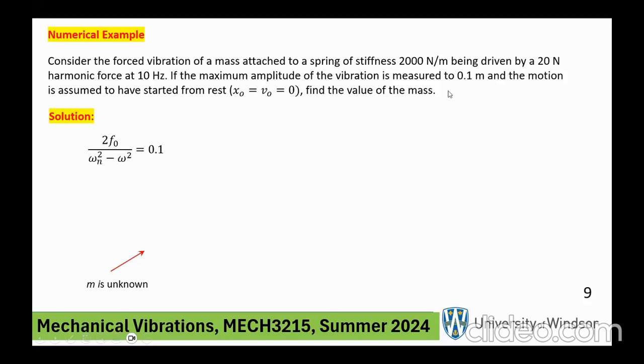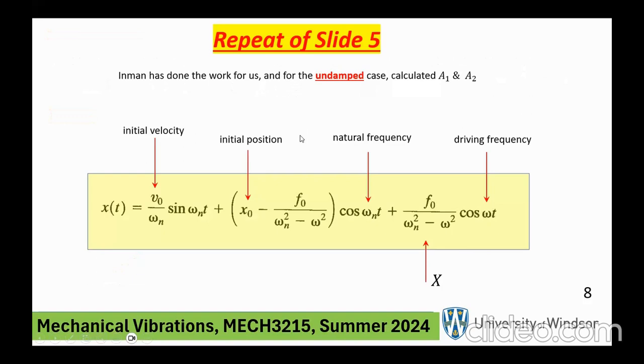Now, if you go back to the slide, notice that x naught is 0, v naught is 0. Let's see what happens when x naught is 0 and v naught is 0. V naught is 0, first term gone. X naught is 0, this term is gone.